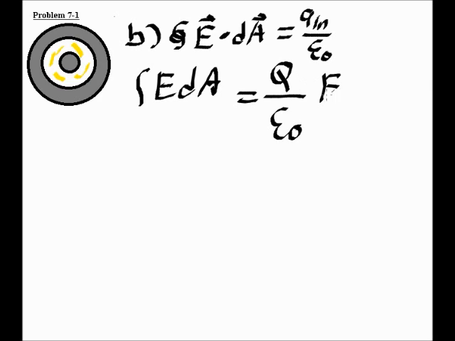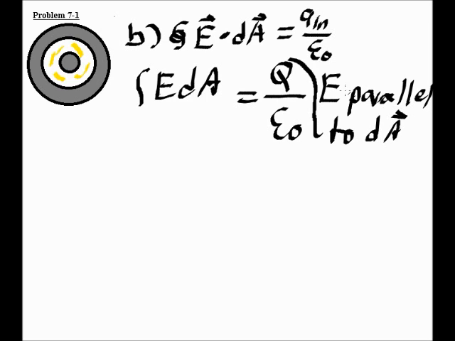And again, this is because E is parallel to dA, both vectors, by the way.